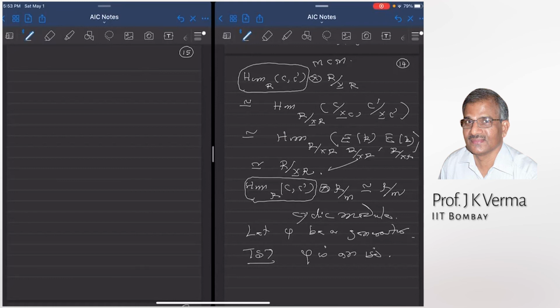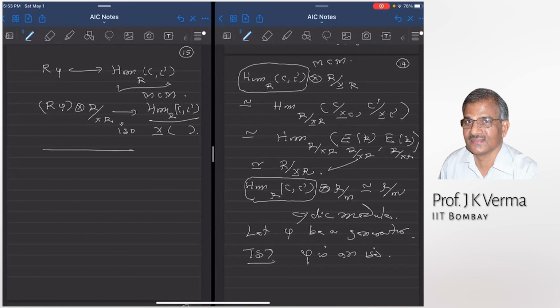So when I look at the cyclic module R phi, this is a submodule. This generates C prime, and when I go mod x, this becomes an isomorphism, and this is a maximal Cohen-Macaulay module.